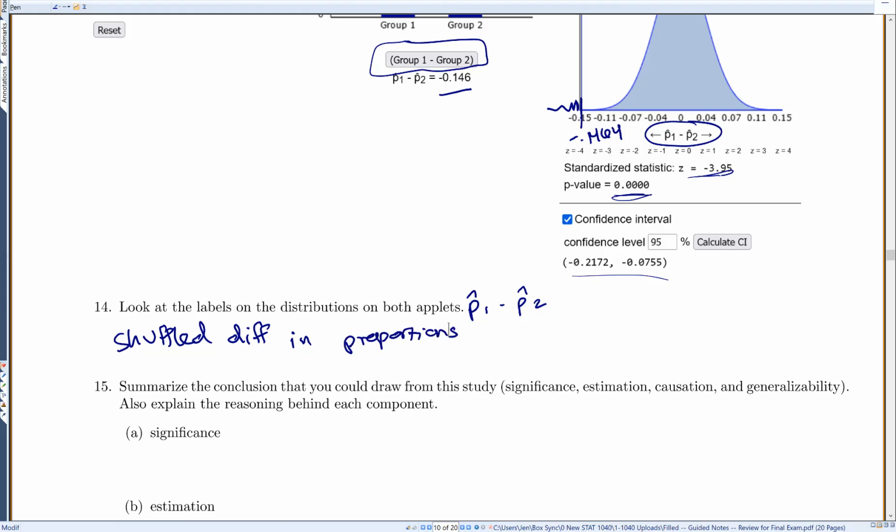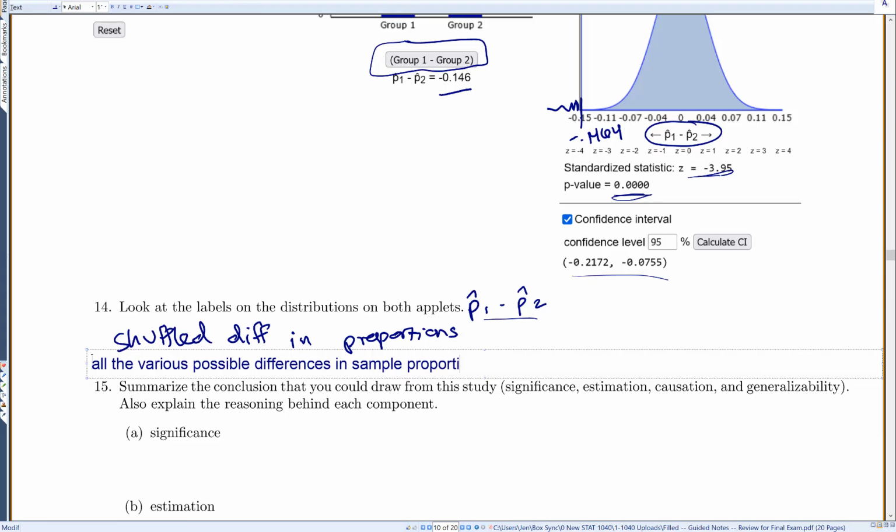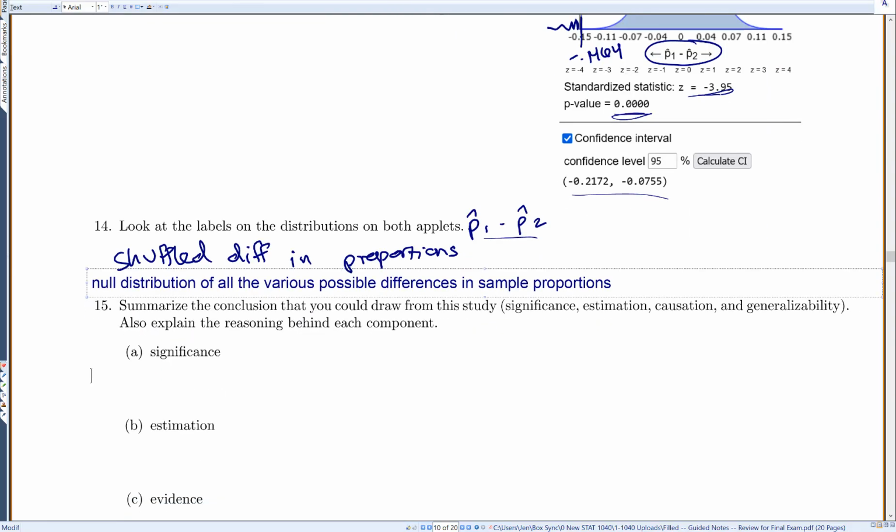Okay, so whether it says p hat 1 minus p hat 2 or shuffled difference in proportions, either way, it's all the various possible differences in sample proportions. That's what it is. It's the null distribution of all those various possible differences in the sample proportions.